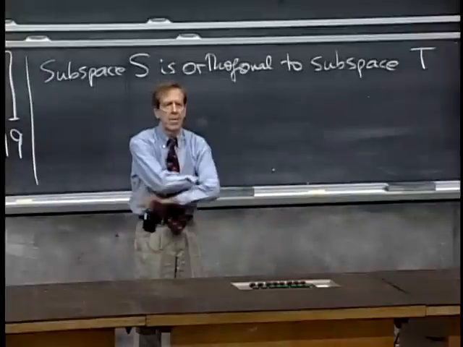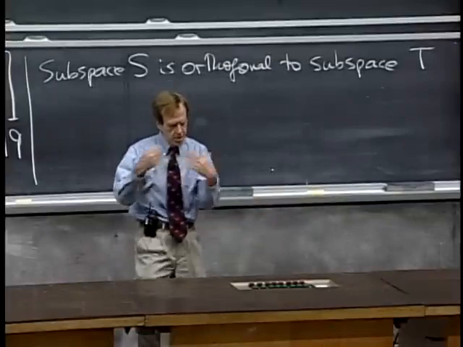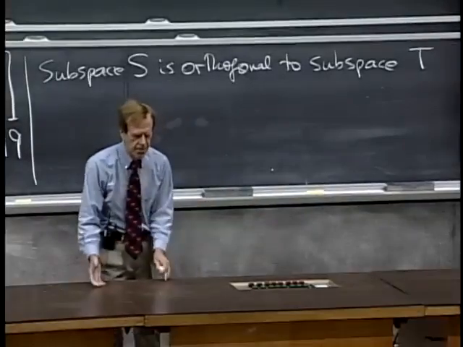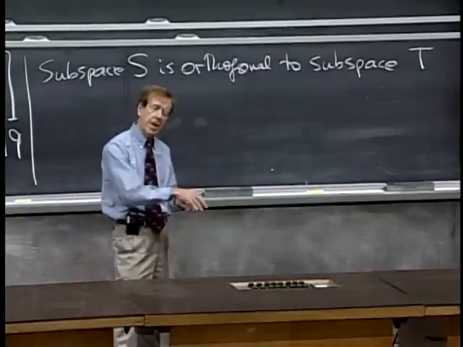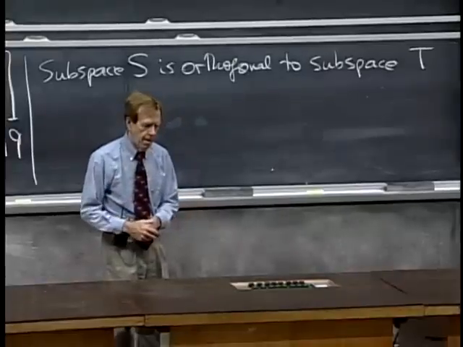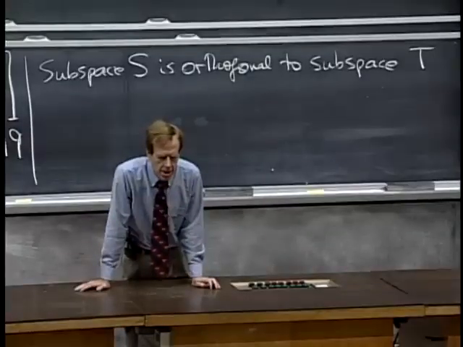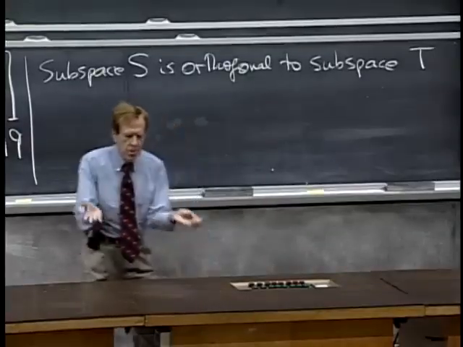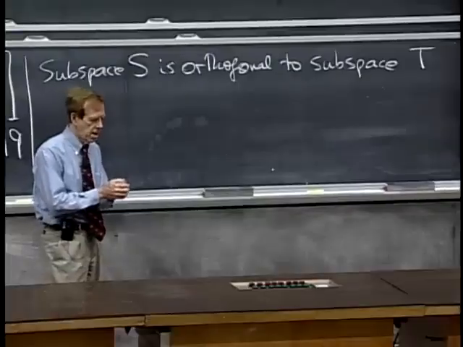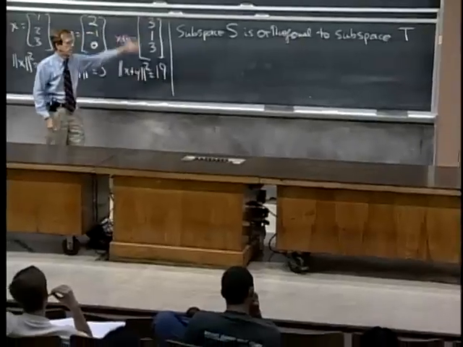And what should it mean for those guys to be orthogonal? It's just sort of, what's the natural extension from orthogonal vectors to orthogonal subspaces? Well, in particular, let's think of some orthogonal subspaces, like this wall.